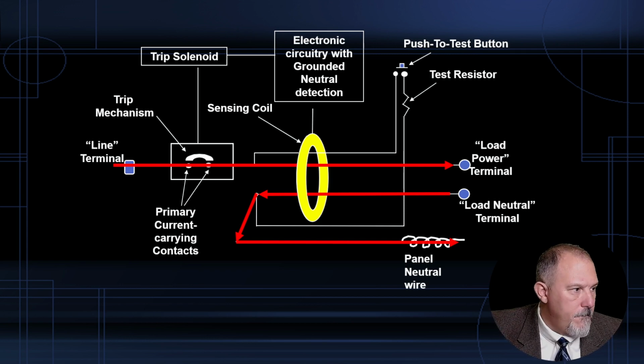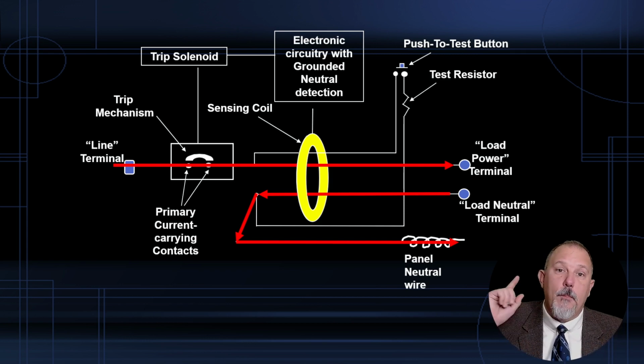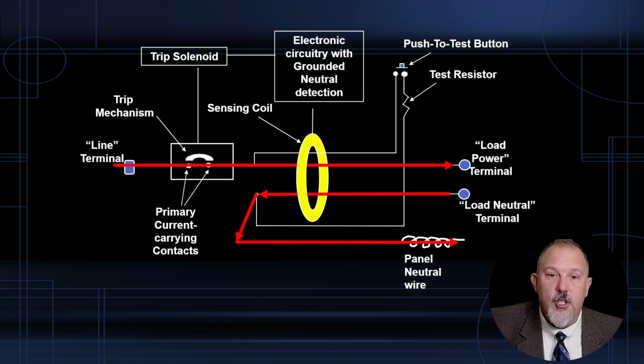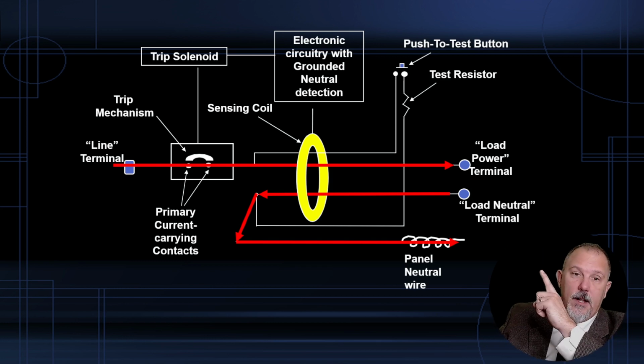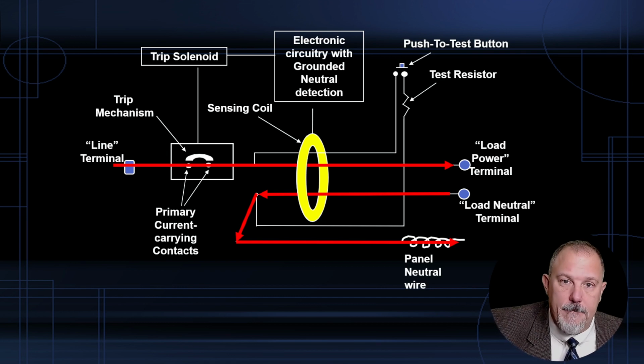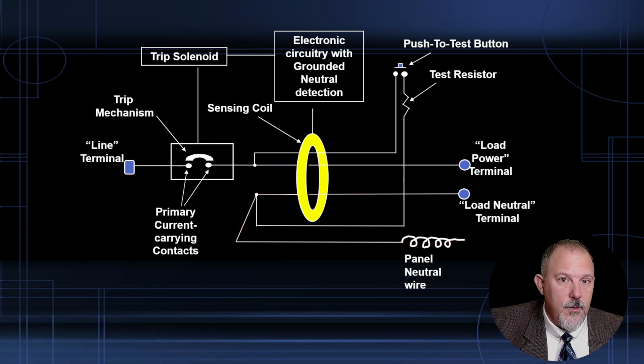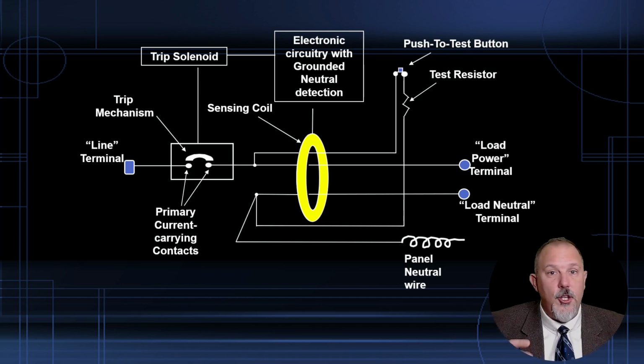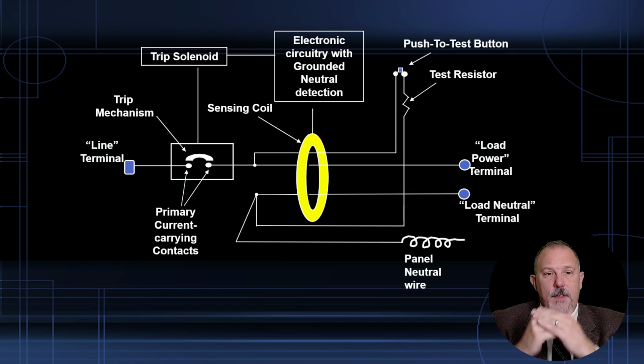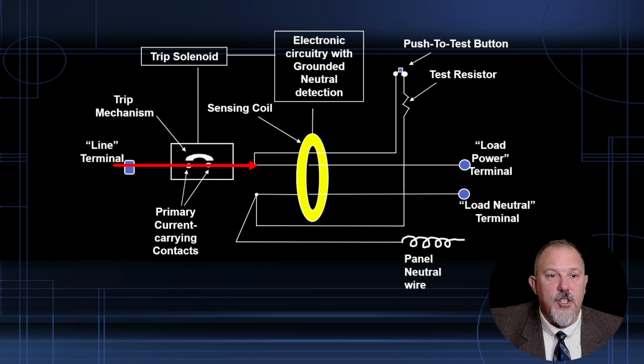So let's take a look at how the push to test button works. If you'll notice, up top there is a push to test button. When the user presses that button, you'll notice that the contact is now made. Now follow that conductor from the hot through the donut, and then all the way through the circuit.